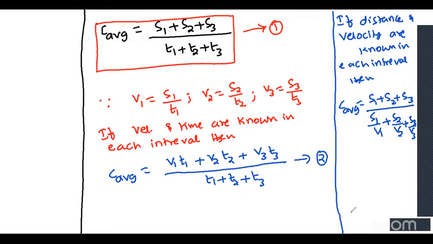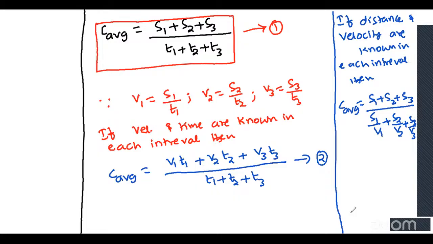That depends: if distance and time are given and we are asked to find average speed, I consider the first formula. If velocity and time are given in each interval, I consider the second formula.